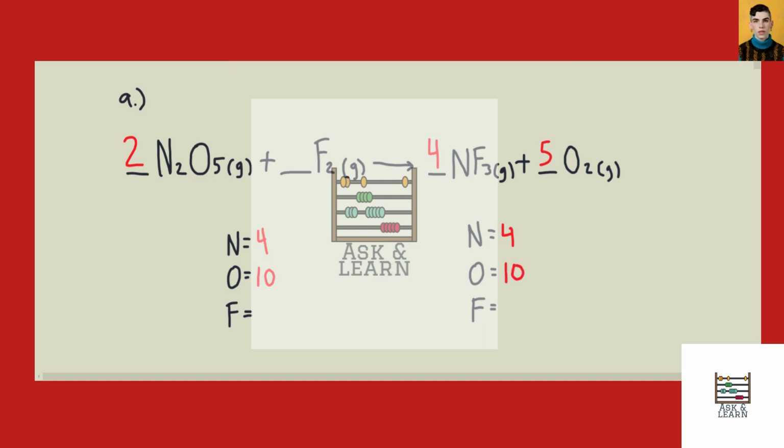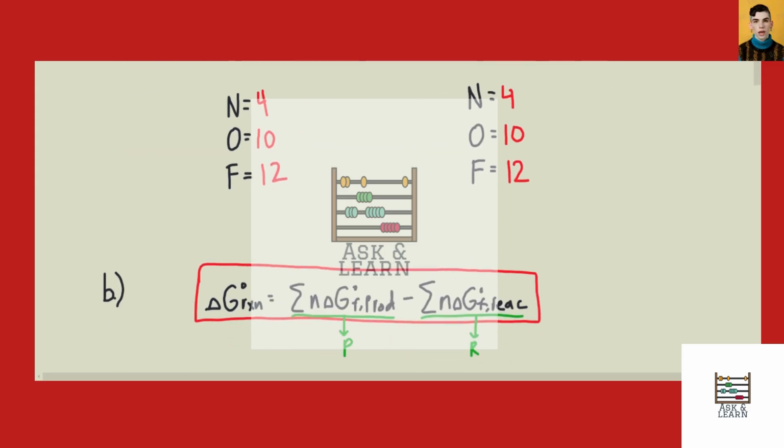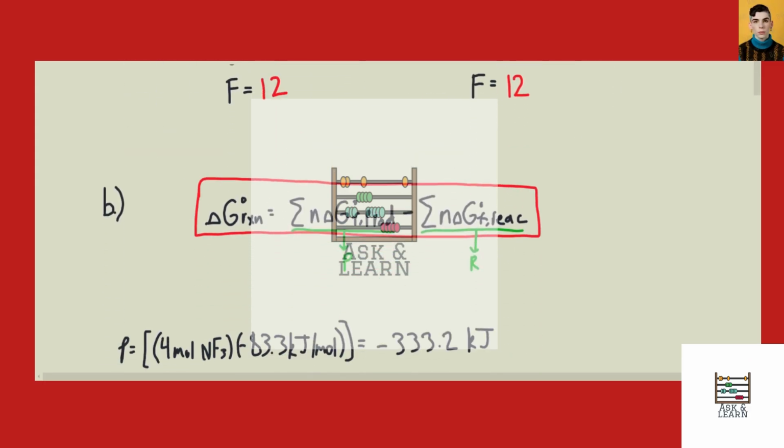And we also see that on the product side, we have a total of 12 fluorine atoms from 4 moles of NF3. And so we need a stoichiometric coefficient of 6 for F2 in order to balance those out. So that is the answer to part A, as we have successfully balanced this gas phase reaction.